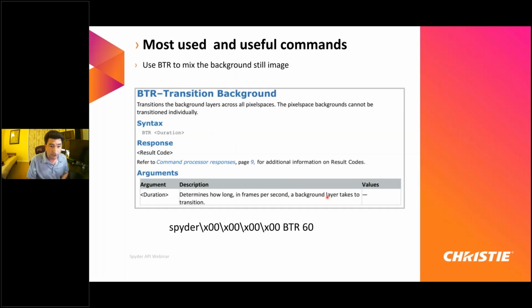BTR. So BTR is going to mix your background still images. So within Spyder, you can load still images into your pixel spaces, into both your program and your preview, and then you can cycle through them, right? So again, back to fixed installs, a lot of times we'll have, let's say the company's logo on one side of that, and then the other side is black.